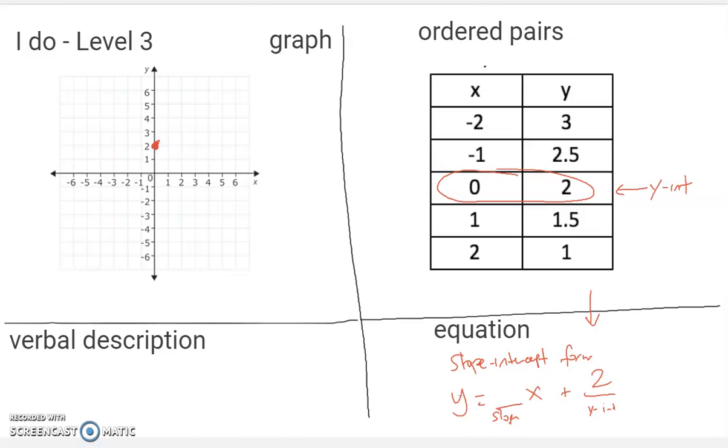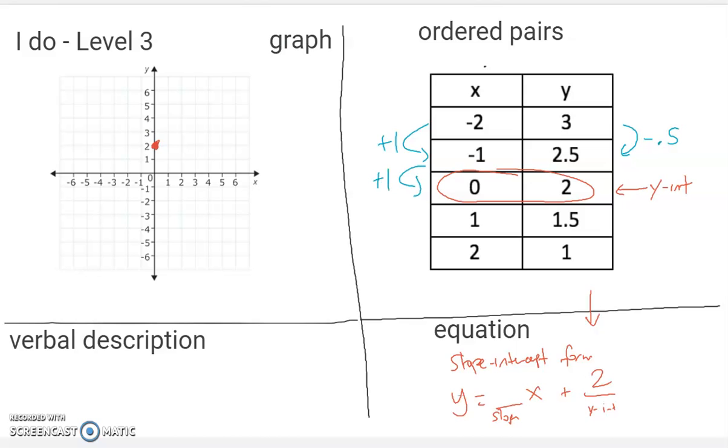Slope I have to figure out. So the way I choose my numbers, -2, -1, 0, 1, 2, that always ensures I can use the x goes up by 1 strategy. You don't have to. You can use the other strategy with the easy ordered pairs, but you can use that one. So here, x goes up by 1, y goes down by a half.